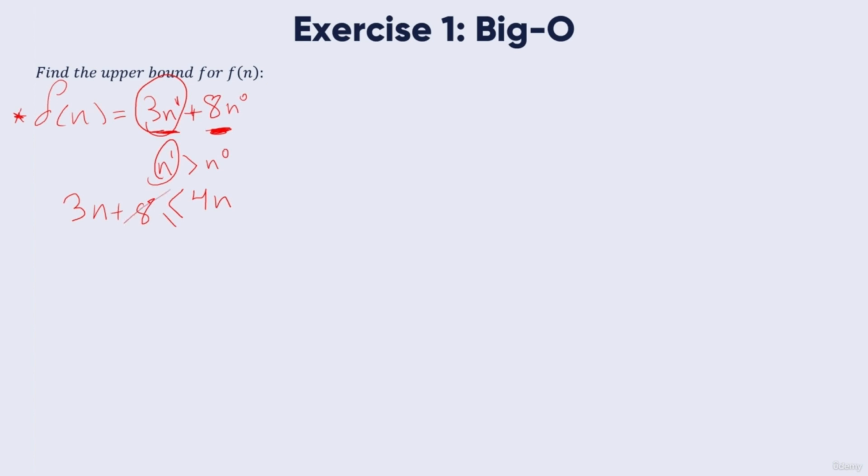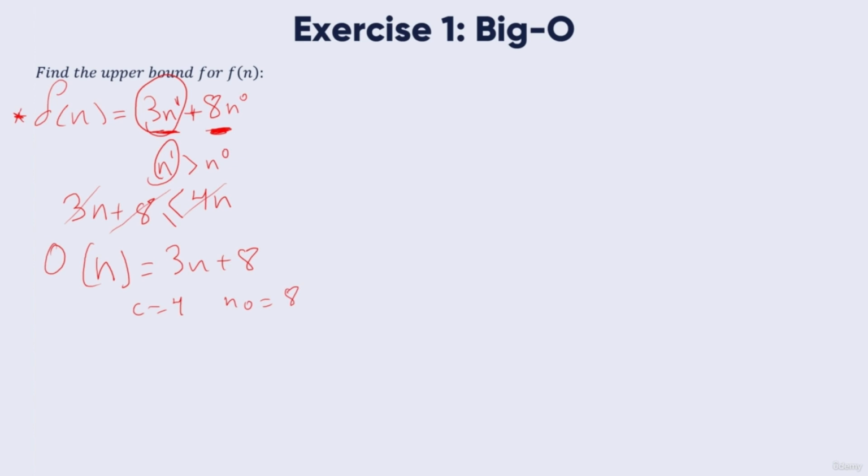If we neglect 8, 3n is less than or equal to 4n. It's true. And now we remove the constants. n is the notation O of n for the 3n plus 8. With c equal to 4, and n0 equal to 8. Okay? This is very important to understand.